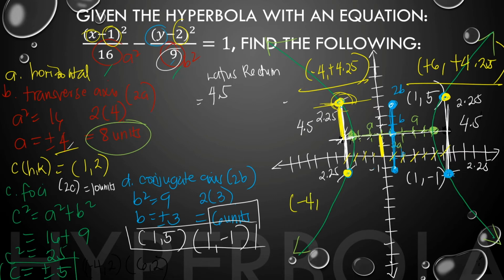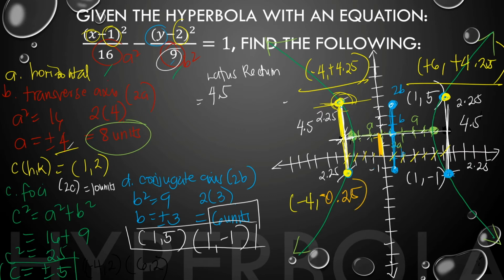And, di ba, itong length natin ng kalahati ng focal width is 2.25. So, i-minus lang natin siya by 2. So, yung length na to, minus lang natin yung 2.25. So, 2.25 minus 2 is equal to 0.25. So, nasa baba siya, kaya negative 0.25.